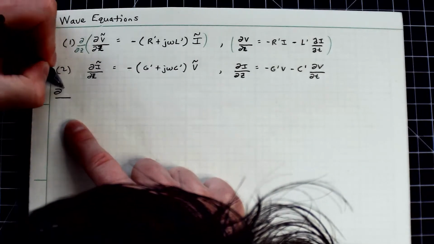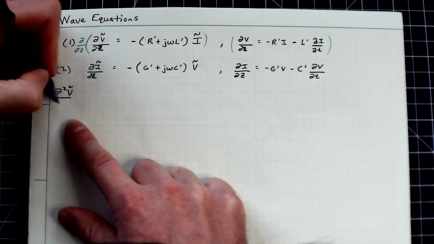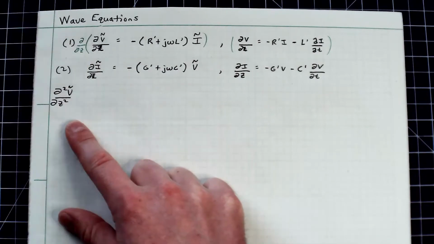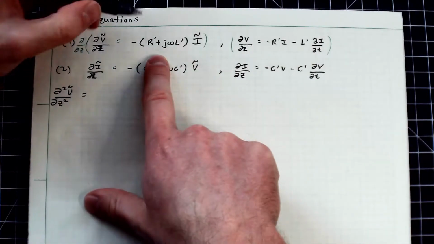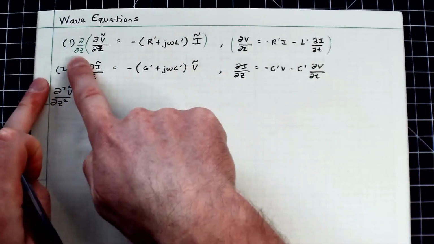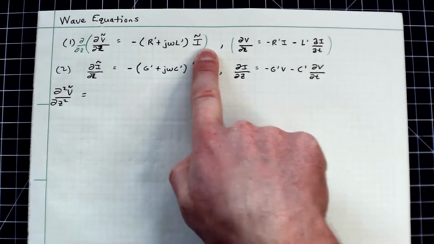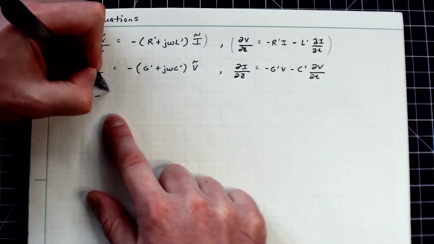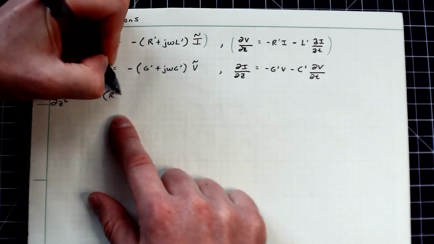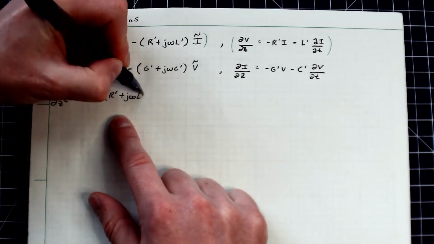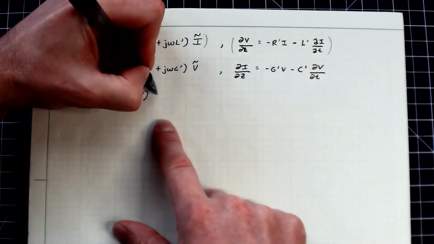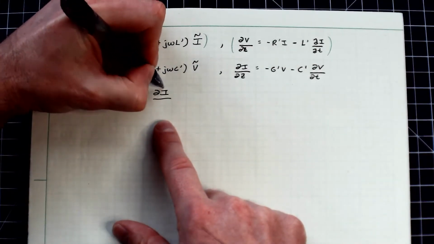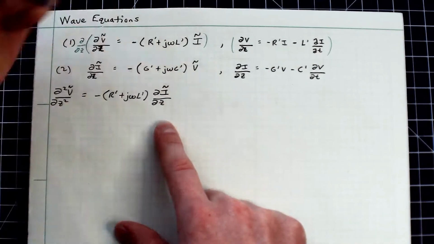So I have partial squared of v with respect to z squared equal to, remember this is all just a constant coefficient, so that derivative falls onto the current term over here. So I get negative (r prime plus j omega L prime) times the partial derivative of I with respect to z.